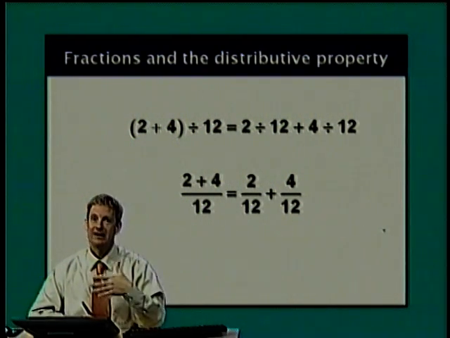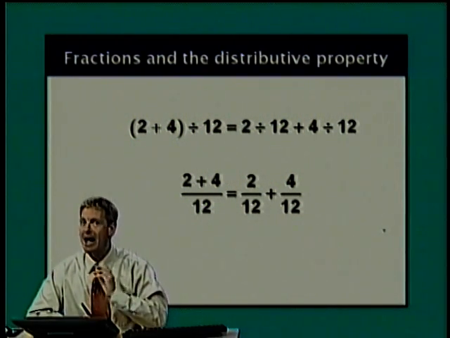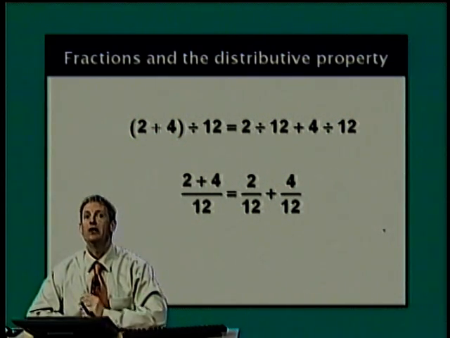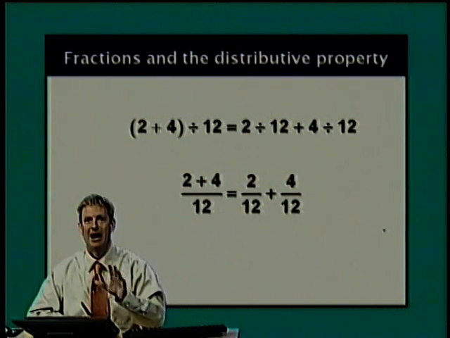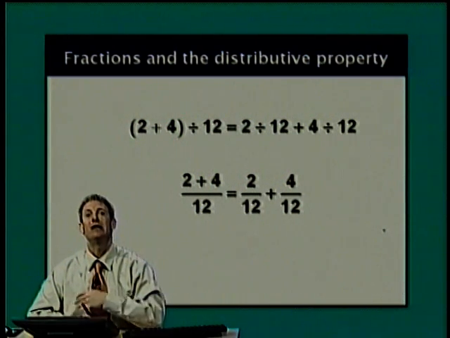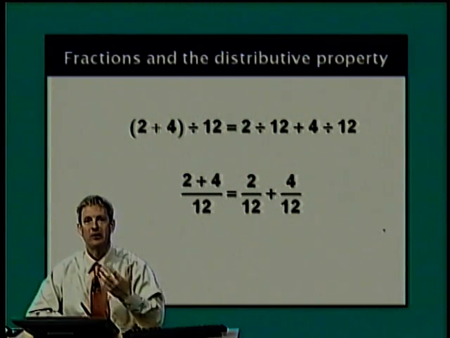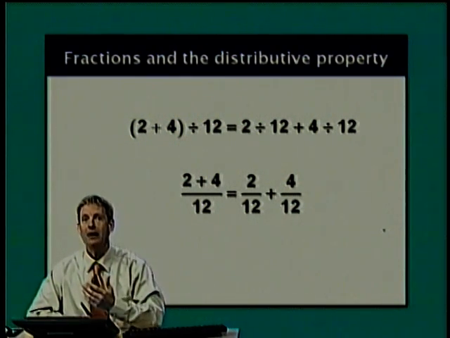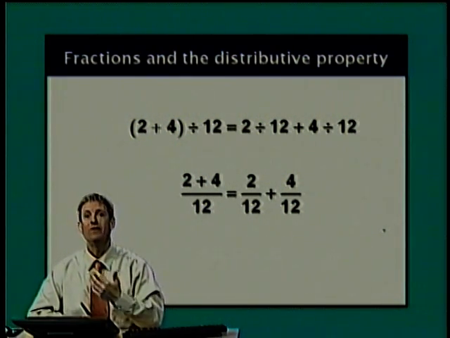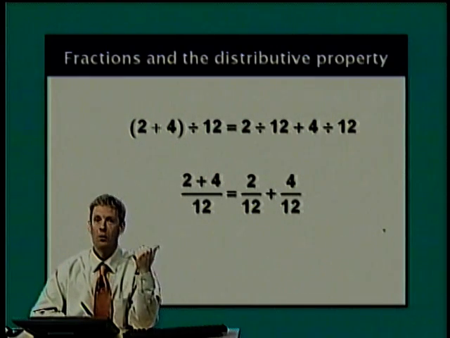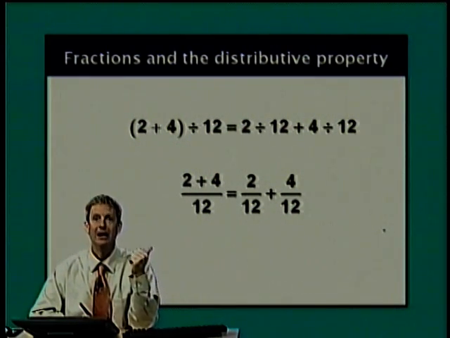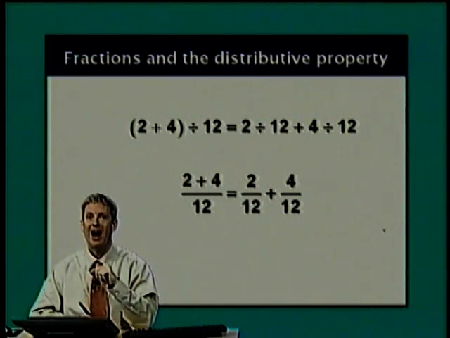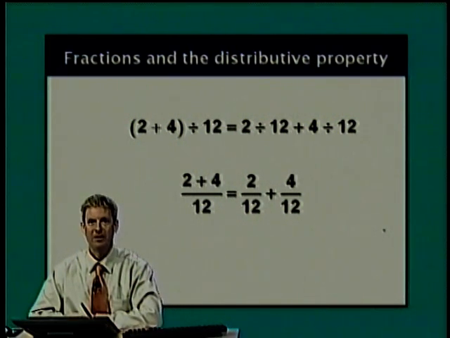Now, all of this might seem a little bit confusing, and that's okay, because you know what I'm going to suggest? I'm going to suggest that you just don't think about division and the distributive property, since it really is just a special case of fraction addition and subtraction. And you're going to find out that this division symbol is going to go out the window almost immediately, because in algebra, it's much easier to work with fractions than it is to work with division.